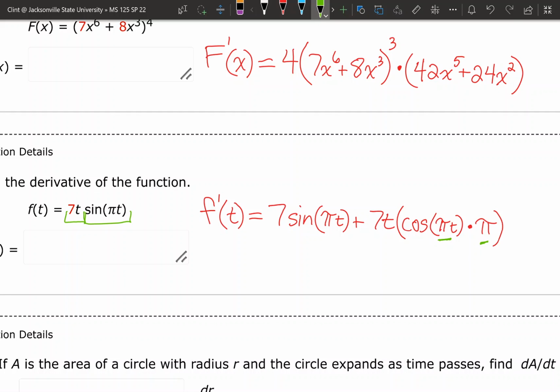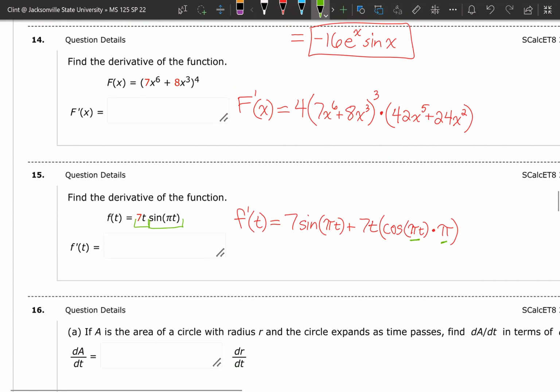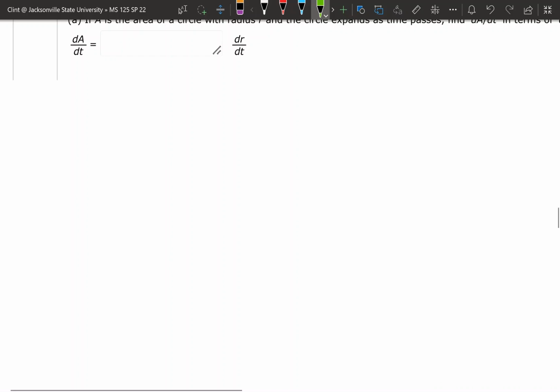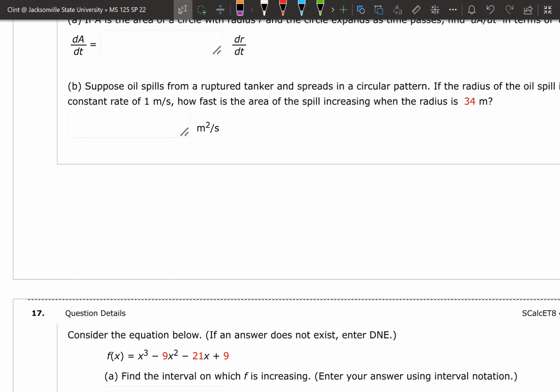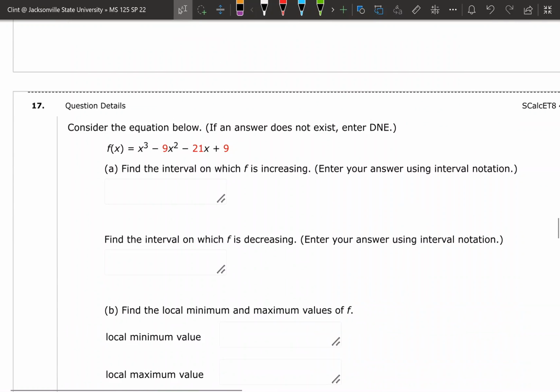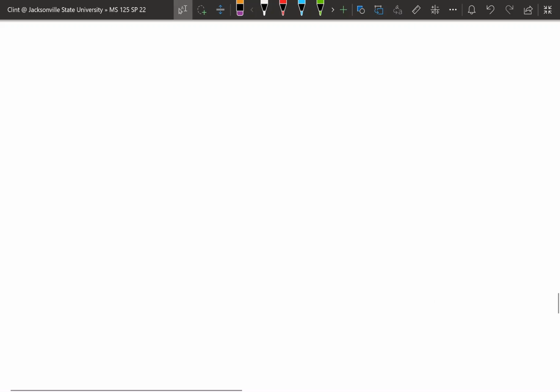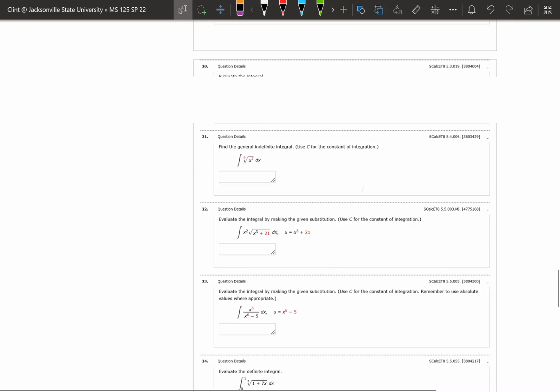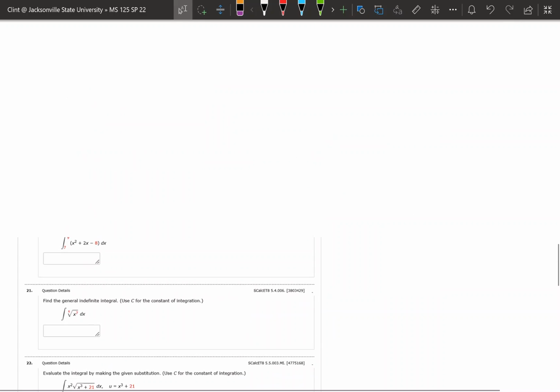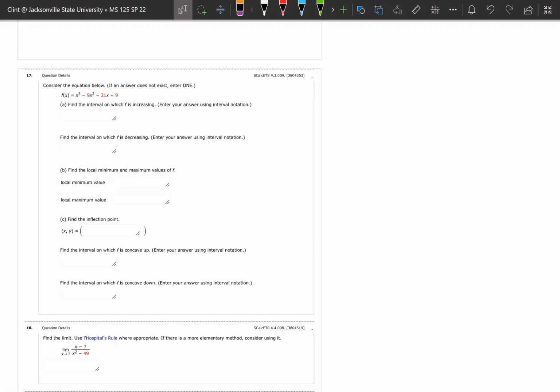Okay. So let's just preview if you haven't looked up. We got a related rates problem, increasing, decreasing, minimum, maximum. Inflection points, concave up, concave down.